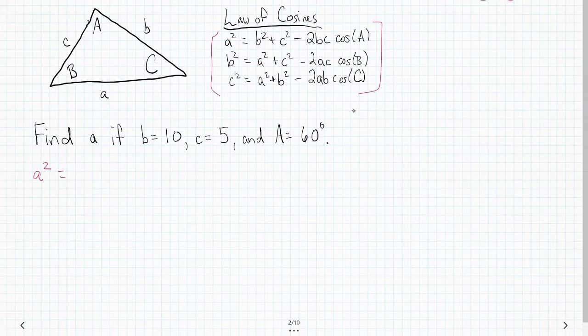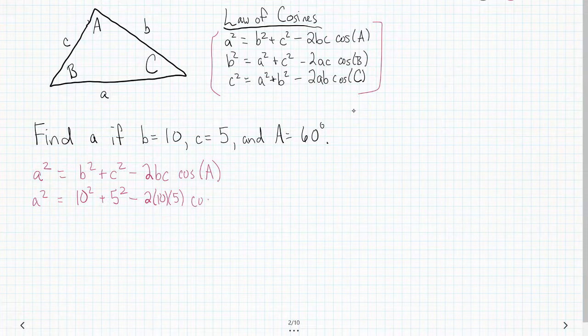Okay, well, a squared equals b squared plus c squared minus 2bc, and then we want to multiply that by the cosine of A. Well, we have a squared equals b squared, that's 10 squared, plus c squared, that's 5 squared, minus 2 times 10 times 5 times the cosine of 60 degrees.